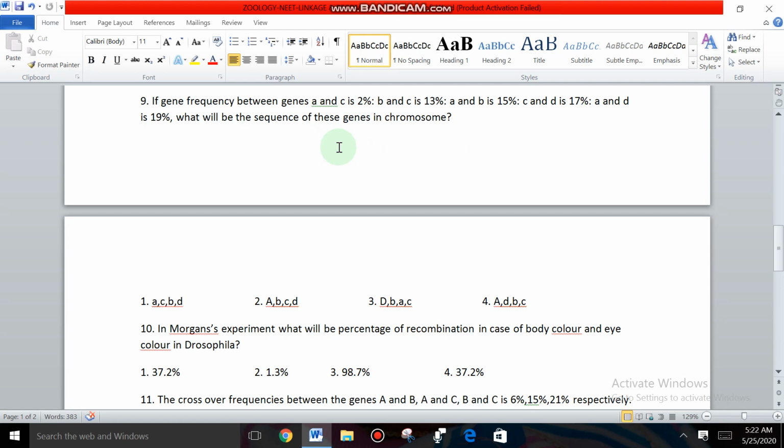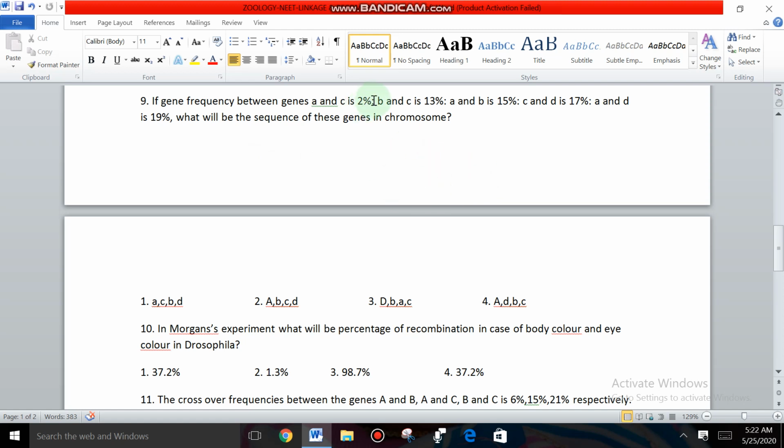Next, A and B is 15, C and D is 17 and A and C is 2%. A and C is 2% means what? First A, last D. A and C 2% means beside the A only C is present. So the order is A, C, last D. Between them what is there?